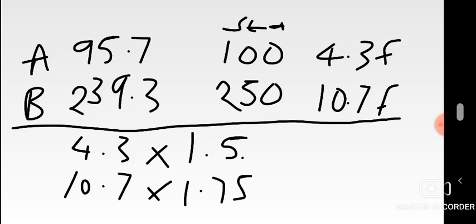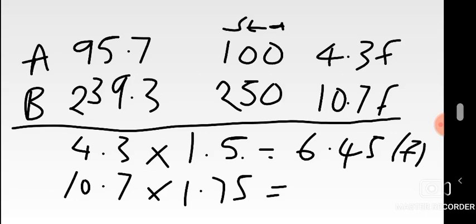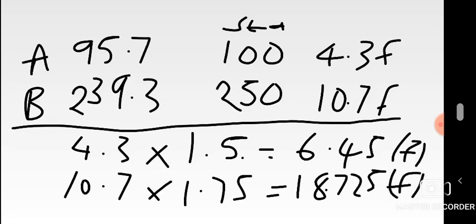The first part, 4.3 times 1.5, is 6.45. Of course it's still favorable. Then the next one, 10.7 times 1.75, is 18.725. Since they're all favorable, we'll just go ahead and add.